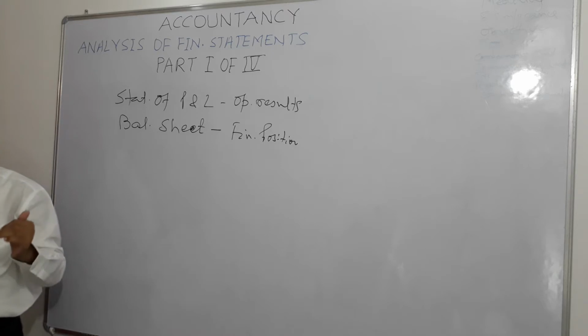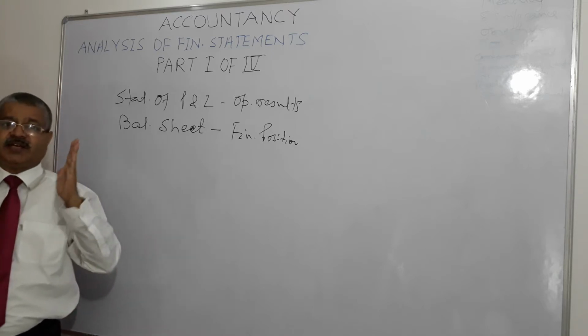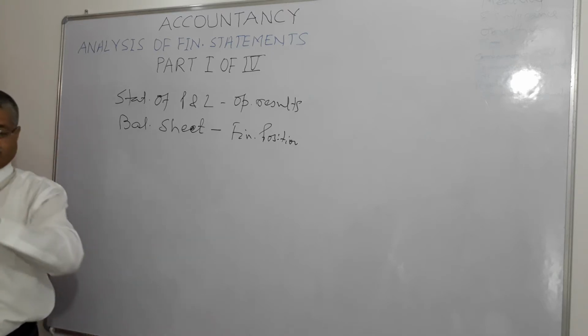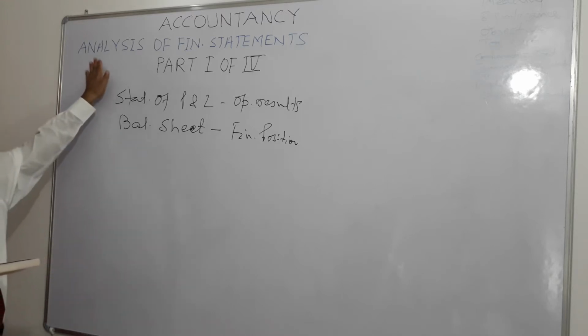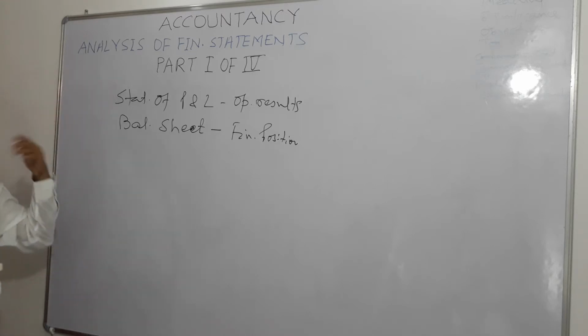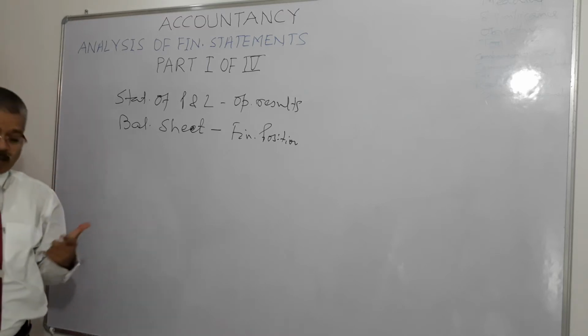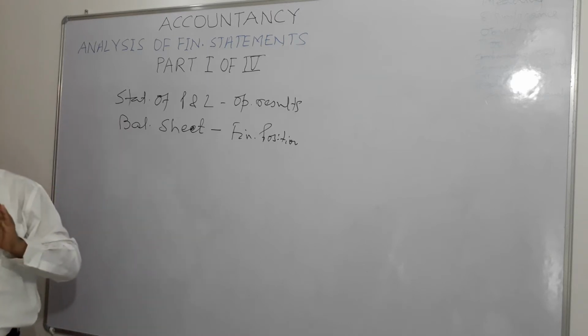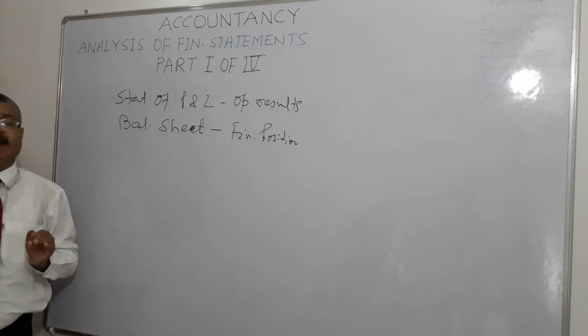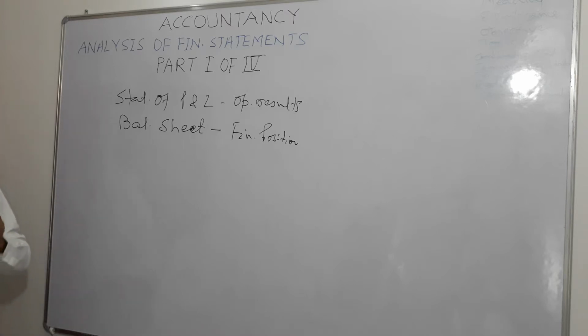Then we have already said financial analysis includes analysis and interpretation, right? What is analysis? It is simplification of various data, facts and figures provided in these statements. And that simplification we do through laid down methodological processes.